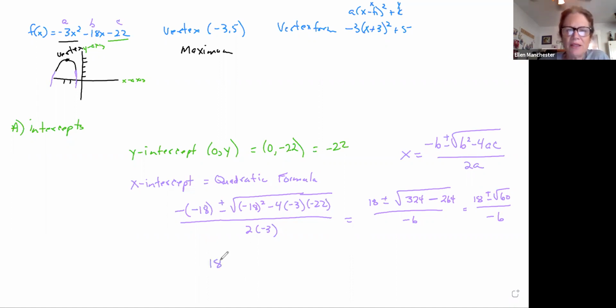So I have 18 plus the square root of 60 divided by -6. And I have 18 minus the square root of 60 divided by -6. And again, these are our x values. These are our x-intercepts. Okay, so when I plug that into my calculator, I have 18 plus the square root of 60.